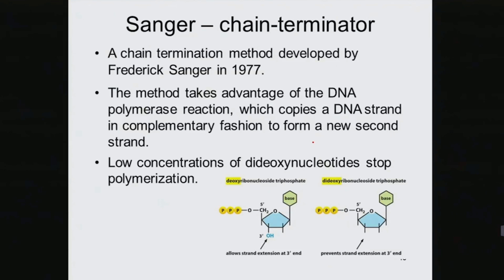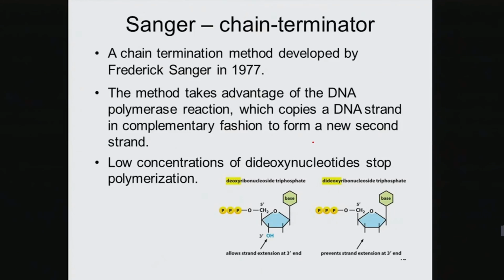Okay, so Sanger then came along and said, well, that's an interesting way to sequence DNA, but I'm going to take advantage of the actual synthesis of DNA and develop a methodology that can enable DNA sequencing. And he developed this methodology in 1977, and it's called chain terminator sequencing.